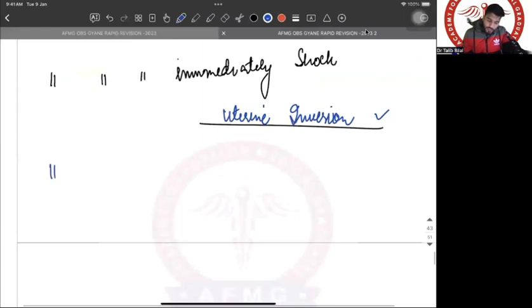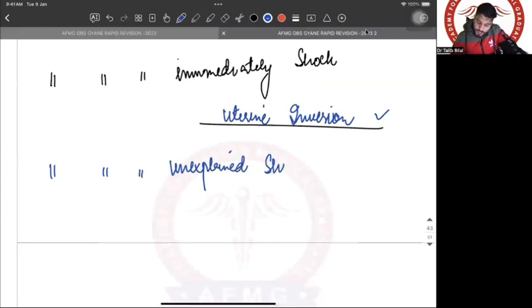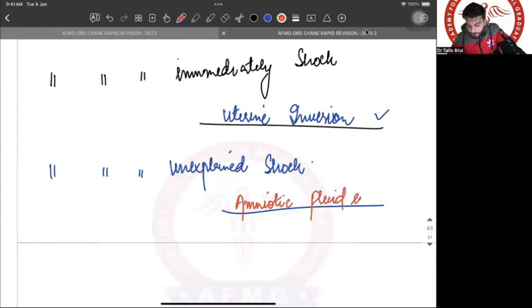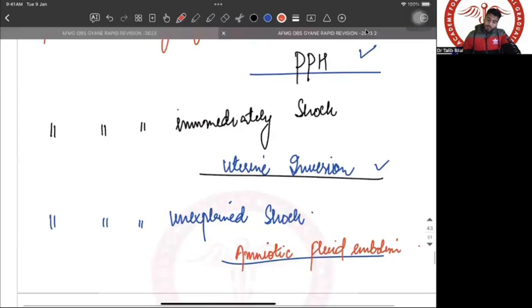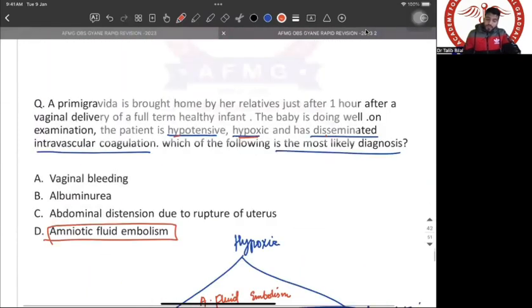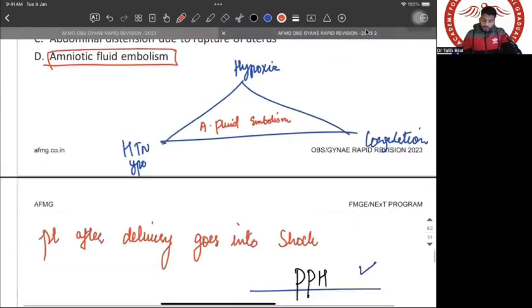And if the patient after the delivery goes into unexplained shock, then your answer will be amniotic fluid embolism. Remember this, guys. The patient has hypotension, hypoxia, and disseminated intravascular coagulation.